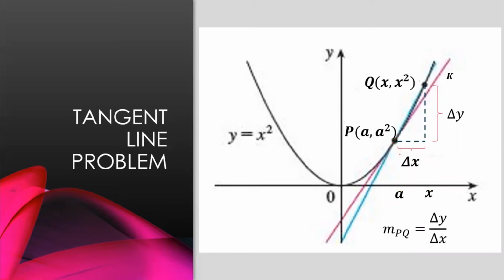So by manipulation, this x here is actually this point a plus the distance. Therefore, x is equal to a plus delta x. And since we let our delta x to be h, then this becomes a plus h.